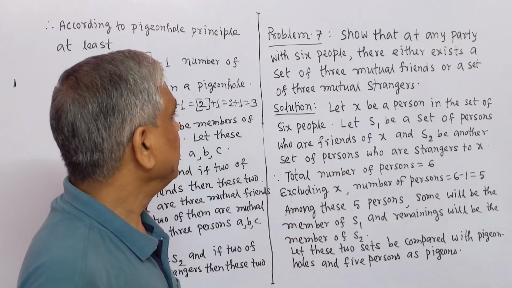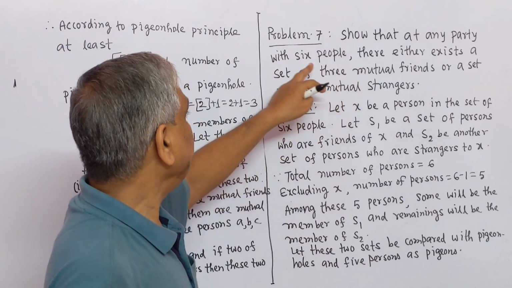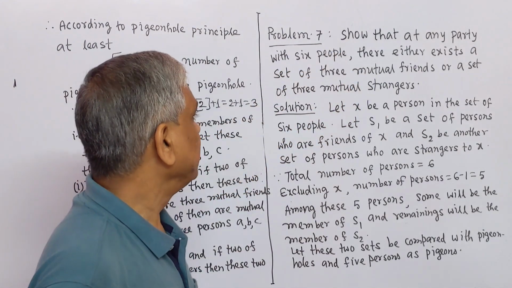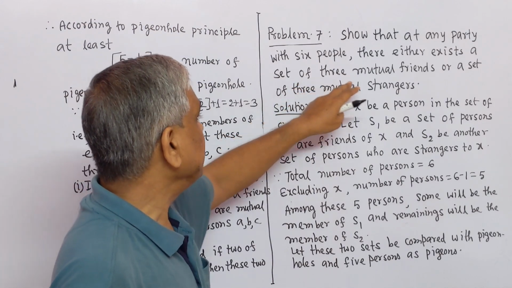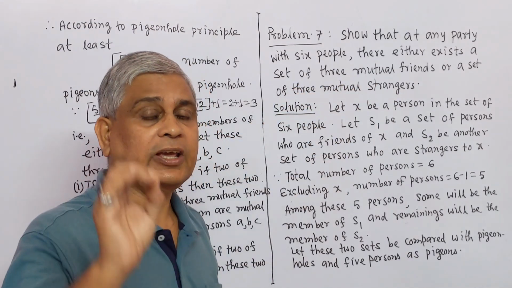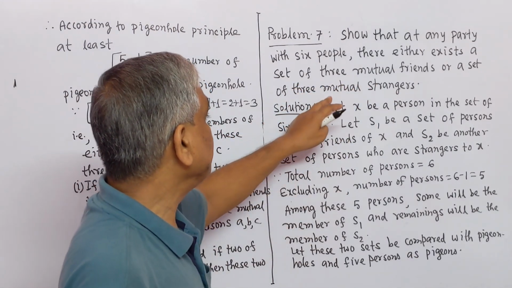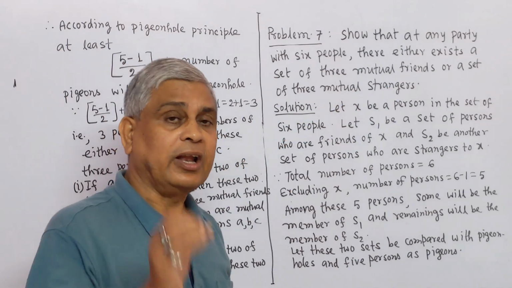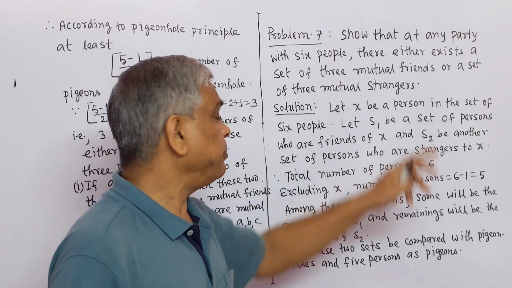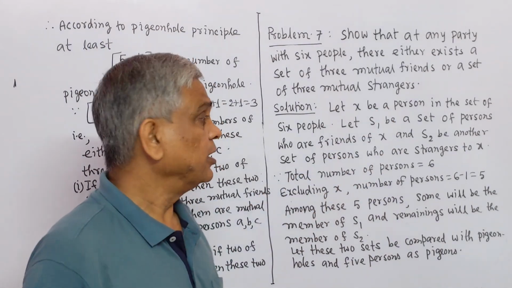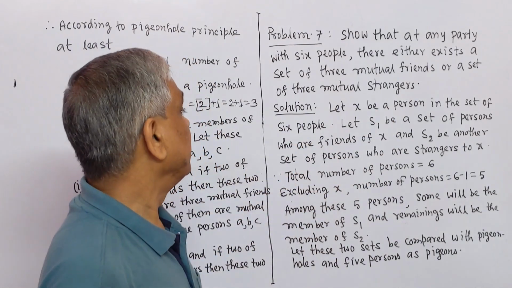Problem is, show that at any party with 6 people, there either exists a set of 3 mutual friends or a set of 3 mutual strangers. Now, we solve this. Let X be a person in the set of 6 people.